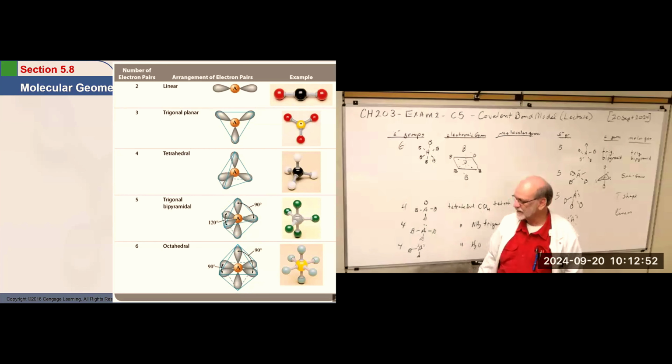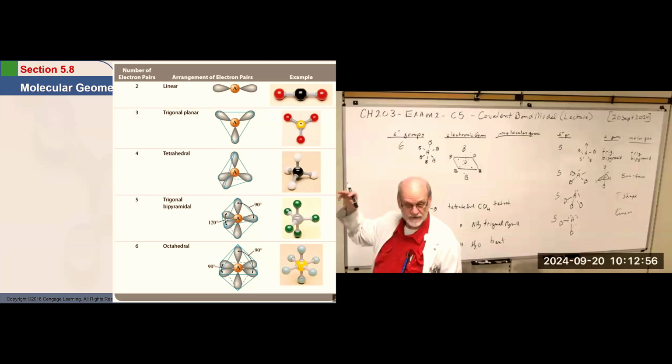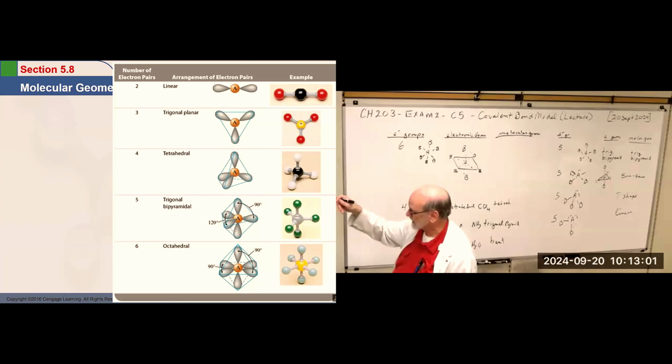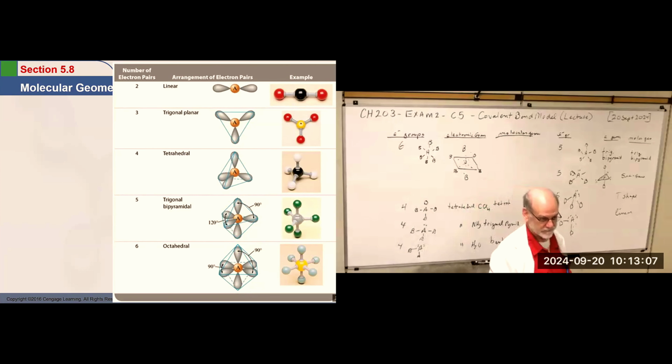Tetrahedron, or octahedron, which would have 8 sides. So if you draw that structure connecting all the atoms, you notice you've got 4 on top and 4 on the bottom. There's your octahedron. So that's with 6. And of course, that's the molecular structure also, if every position is occupied by an atom.